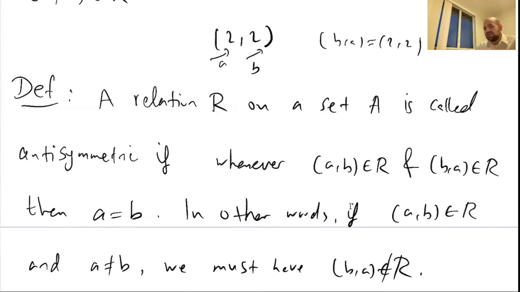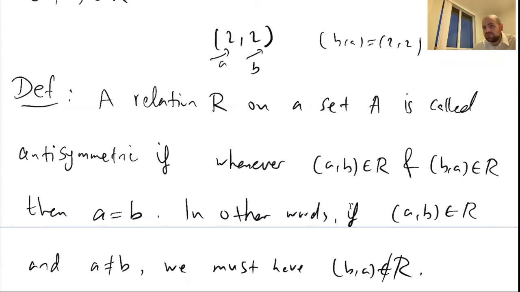But if you have a relation that for some A and B's, B and A's are there, and for some A and B's, B and A's are not there. So for example, 1 and 2 and 2 and 1 are both there, but 1 and 3 is there, but 3 and 1 is not there. So sometimes this, sometimes that.